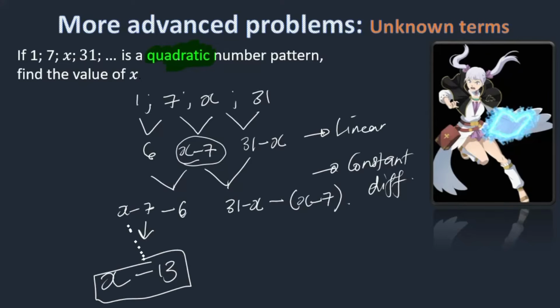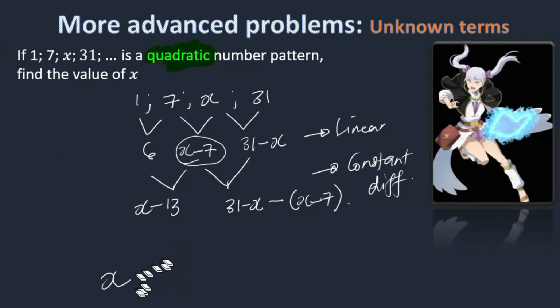That's what it is, right? So I'll come back here and erase that and write the proper value there. This is x minus 13. There we go. And then afterwards, I also need to do this one. Let me simplify it so that it starts to look like something that makes sense. This is 31 minus x. I distribute the negative, so this is negative x, and this is positive 7, right?